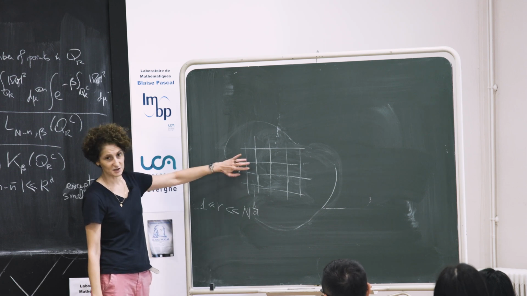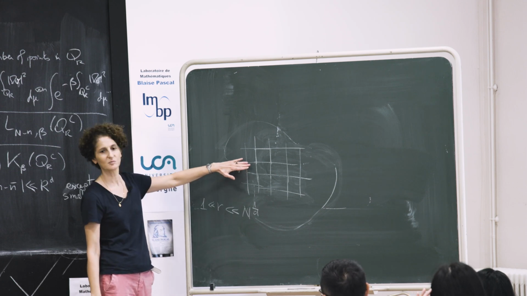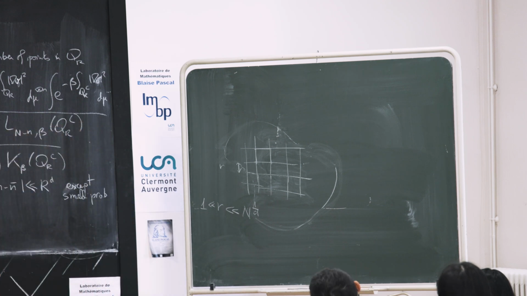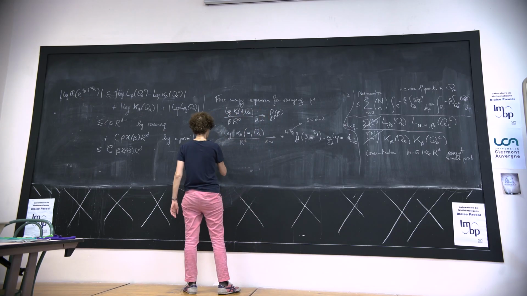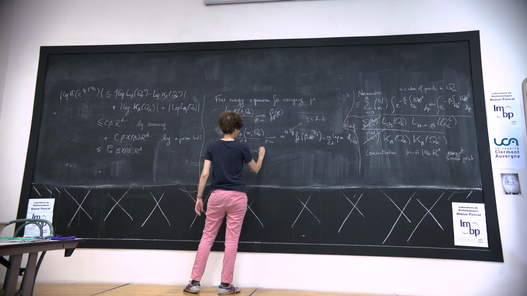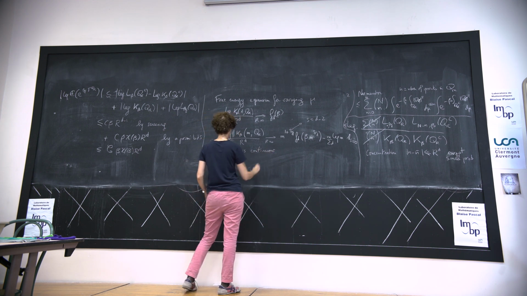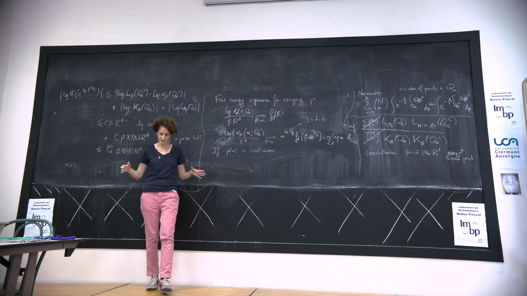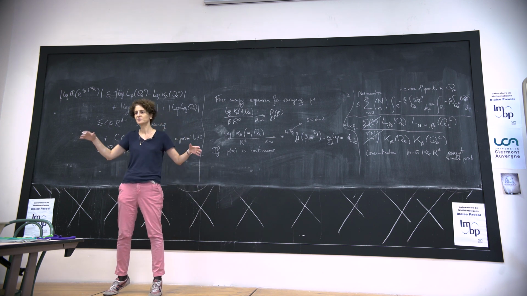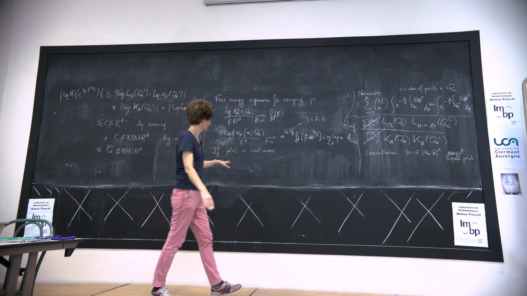In such a way that in each cube, mu is almost constant. Right? So we're going to assume that mu has some continuity property. And remember, this is a blow-up of a nice density, typically. So when you blow it up, it varies very slowly.